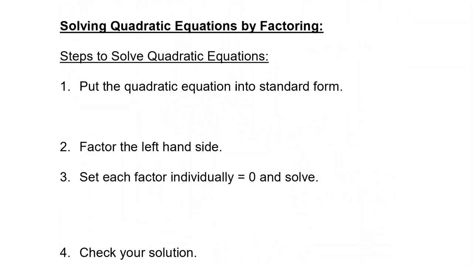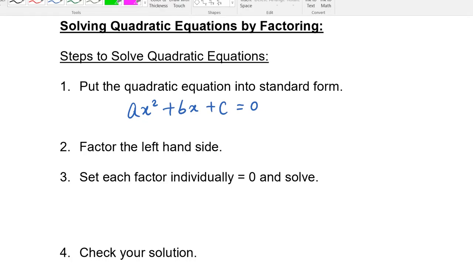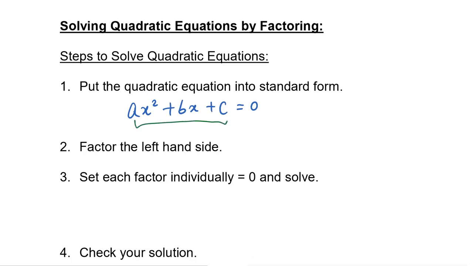In order to solve a quadratic equation by factoring, the steps are: you first put the quadratic equation in standard form, meaning the form ax squared plus bx plus c equals 0. Then you factor your left-hand side, so you will get two factors whose product is 0.